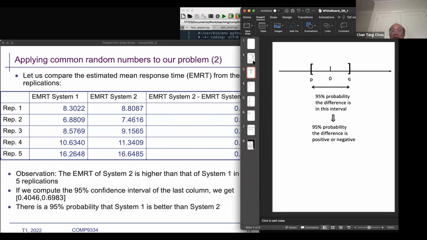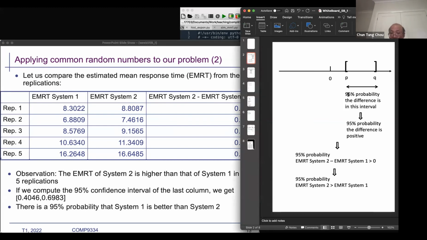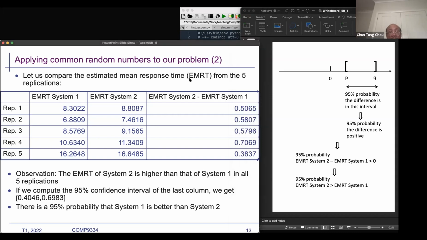So we have the situation discussed here, where both the lower limit and the upper limit of the confidence interval are positive. So there's a 95% probability that system 2 has a higher mean response time. And so we can conclude there is a 95% probability that system 1 is better. And that is the result that we were hoping to get.